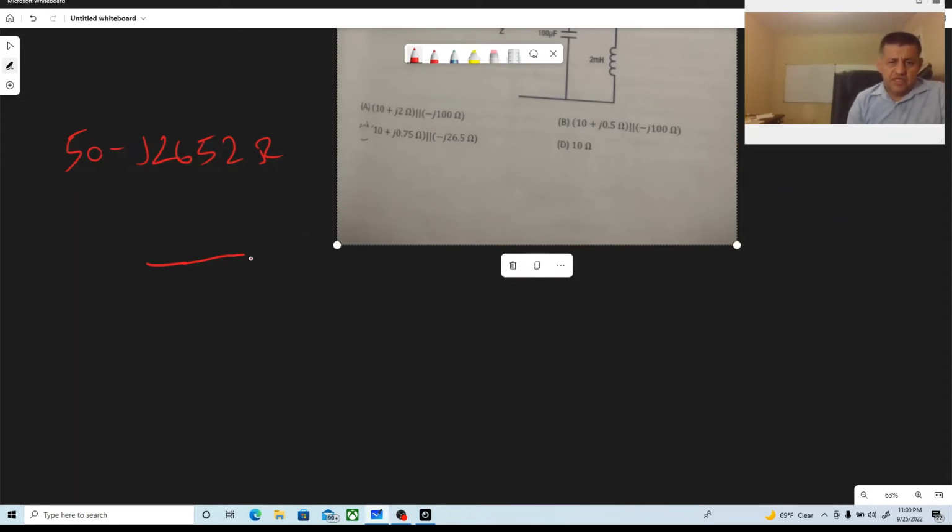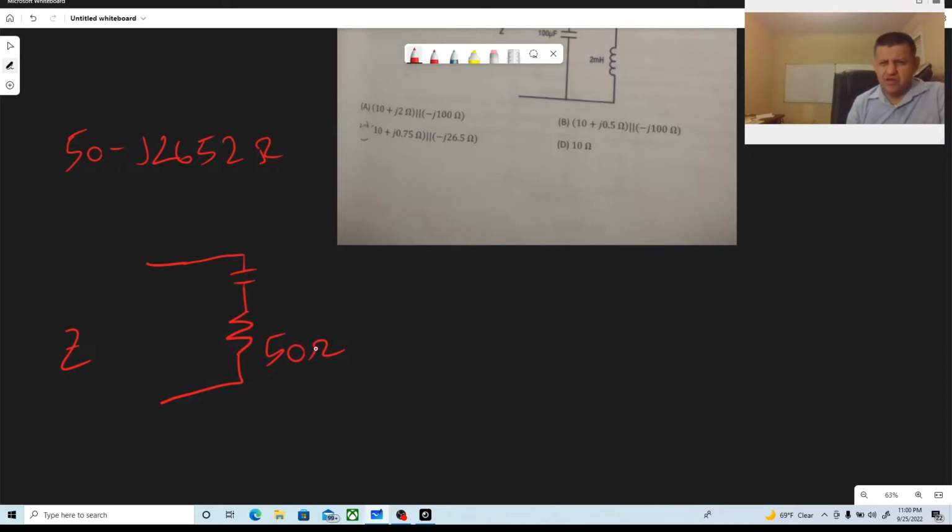Here we have a capacitor and a resistor, and that resistor is indeed in series.